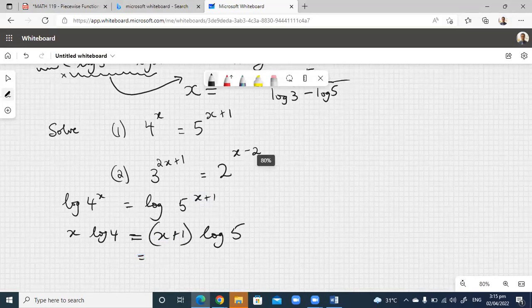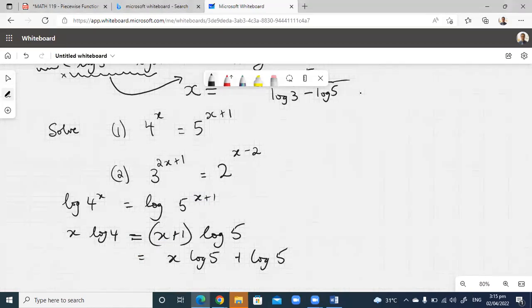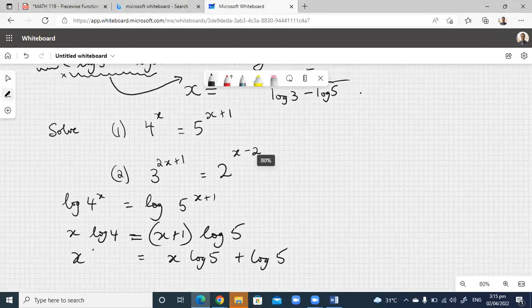I am removing the brackets now. I'll get x log 5 plus log 5. And this side I'll get x log 4. So I'm bringing all the logs on the same side. I'll get x log 4 minus x log 5 is equal to log 5.